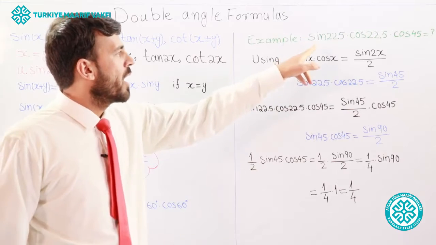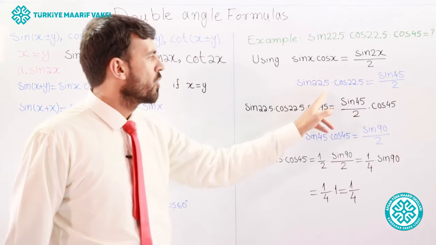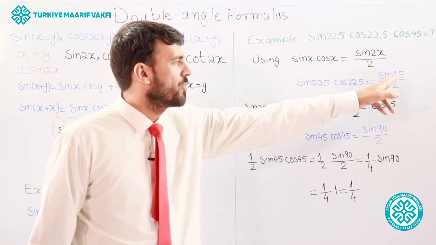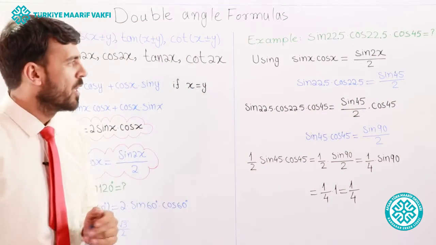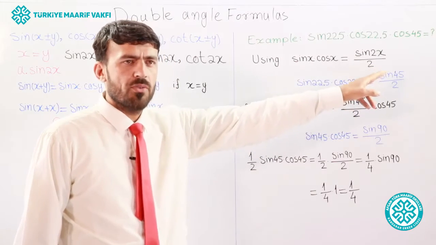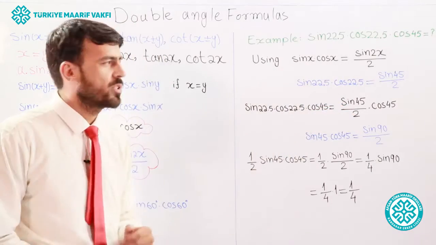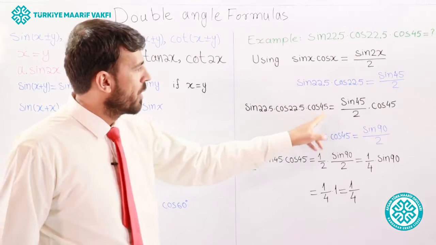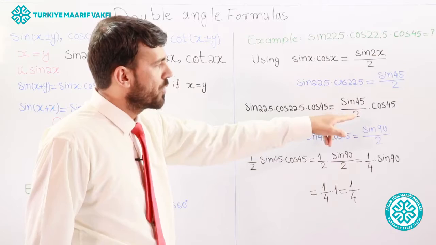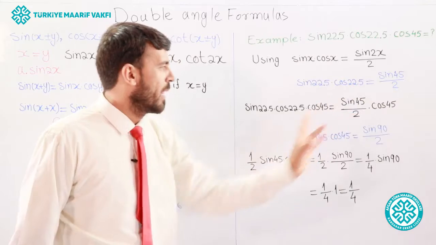We can write sine 22.5 multiplied by cosine 22.5 as sine 45 over 2. So we will replace sine 22.5 multiplied by cosine 22.5 with sine 45 over 2. We can write this as sine 45 over 2 multiplied by cosine 45.